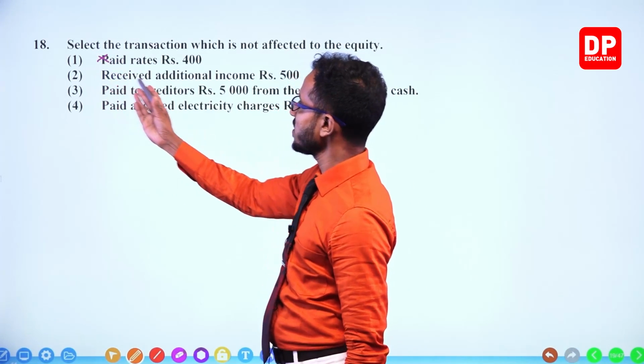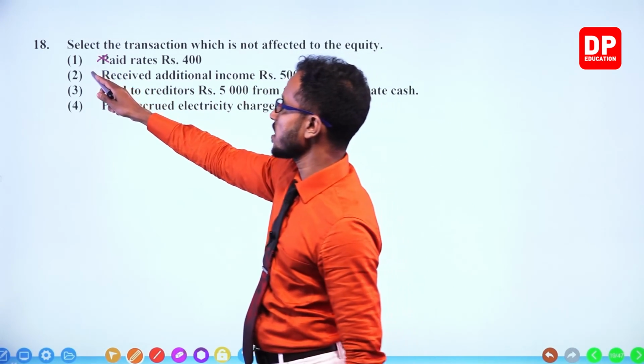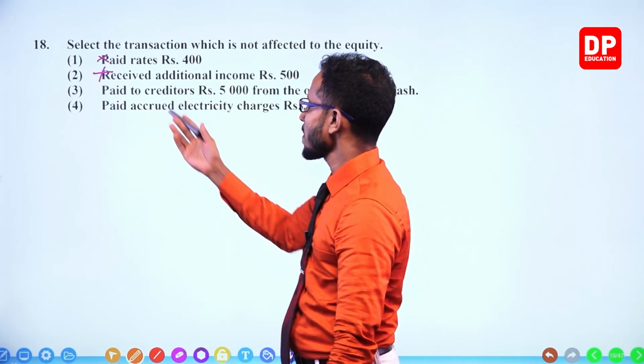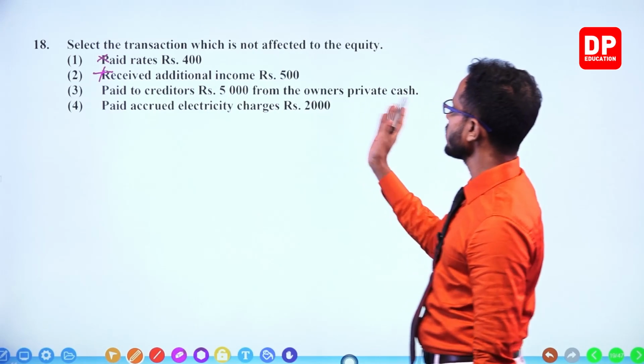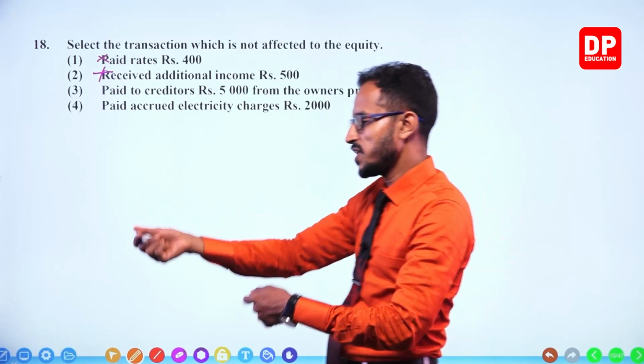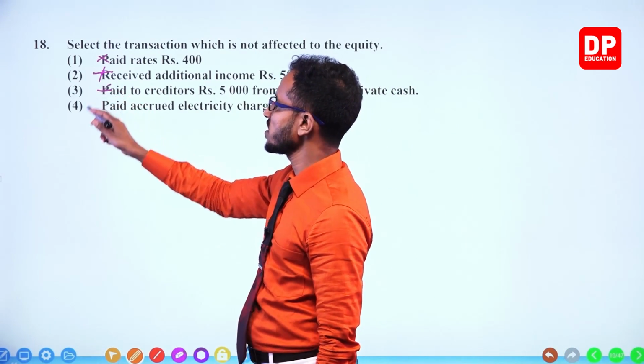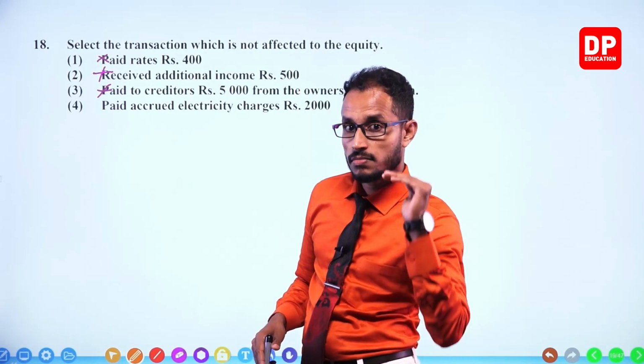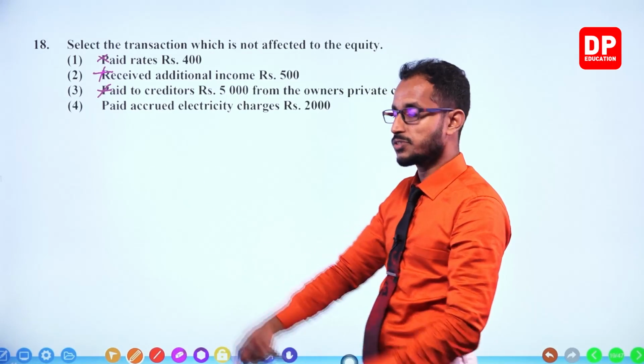Received additional income. That is income, so it increases equity. It affects. Paid to creditors 5,000 from the owner's private cash. The owner is putting more cash into the business. That also affects equity. It increases. It's like additional capital, the owner putting more cash into the business.